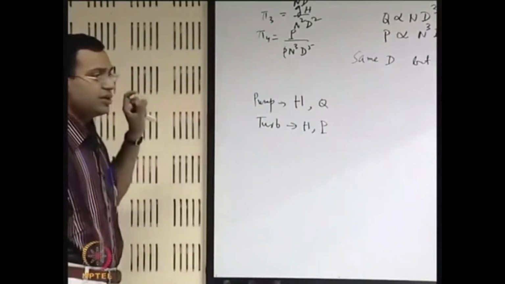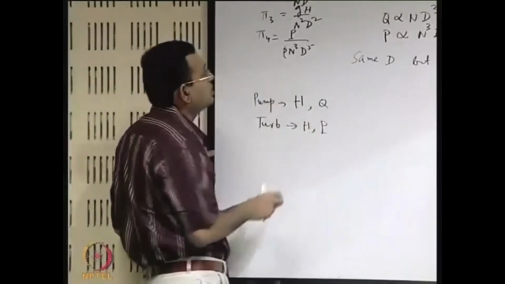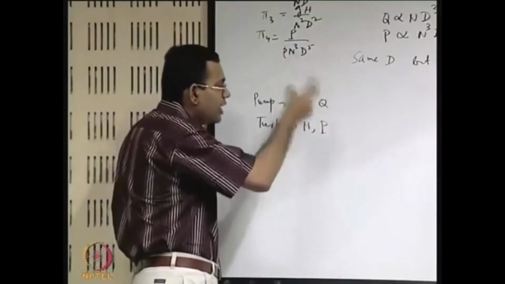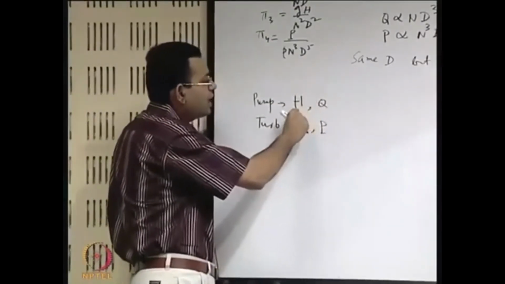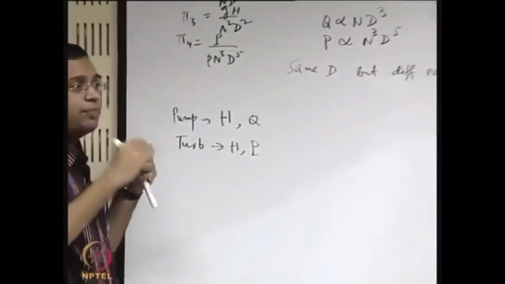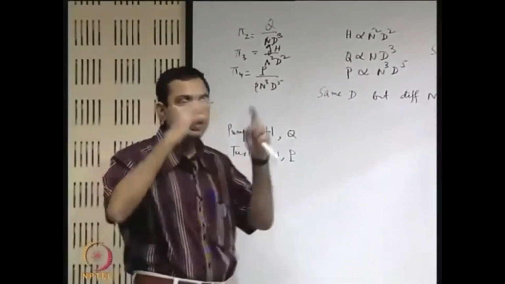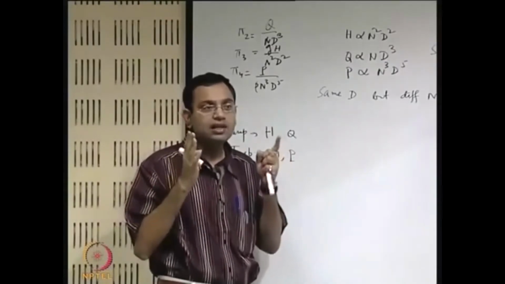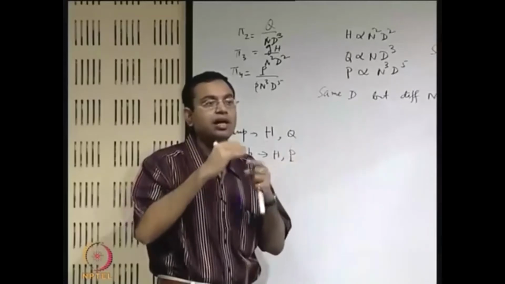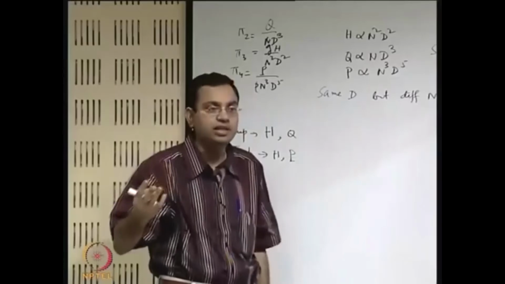And therefore, for a particular type of pump or turbine, for a rotodynamic type of pump as an example, you should have a characterization involving H and Q. For a pump of similar type, that characterization should not be dependent on D, because if it is of a homologous series the characterization should be universal or general, and that generalization should not be diameter dependent, because then for the same type of pump but with a different diameter the characterization will change.